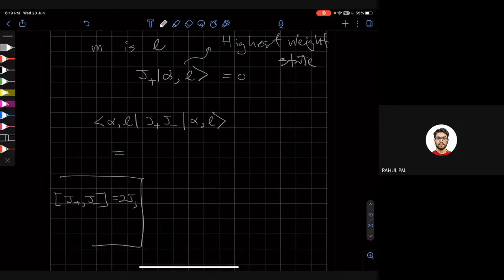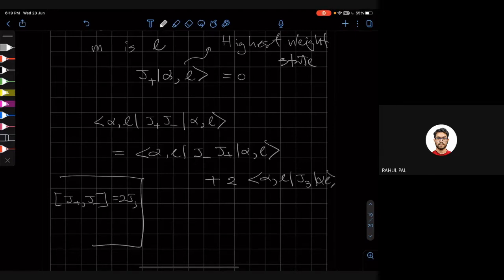And then on the right-hand side, I will get alpha L, J minus J plus alpha L plus 2 alpha L, J3 alpha L.